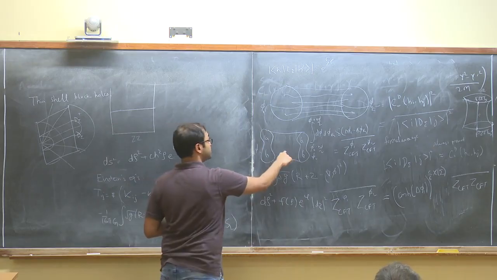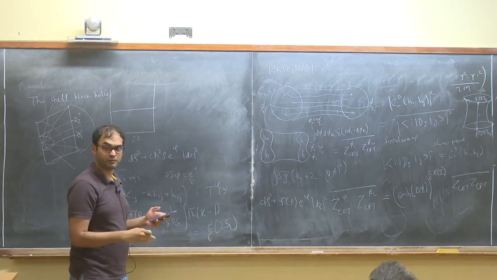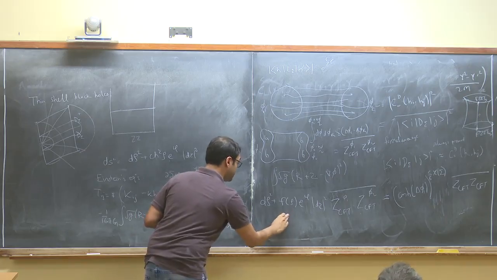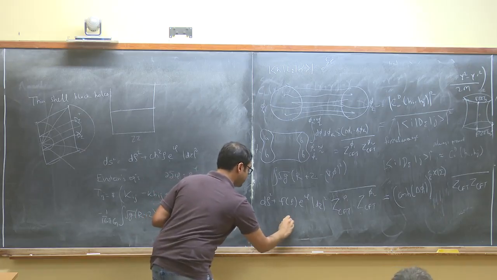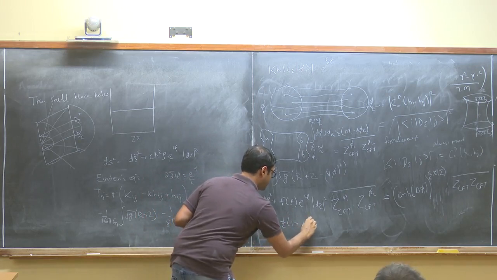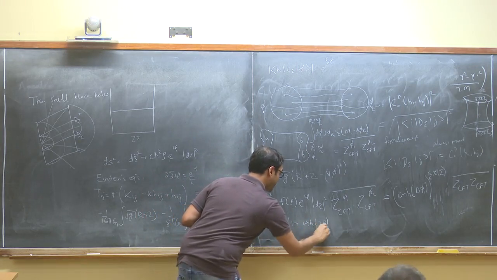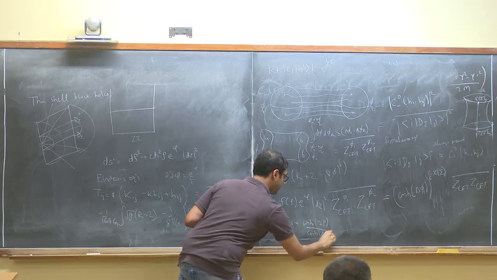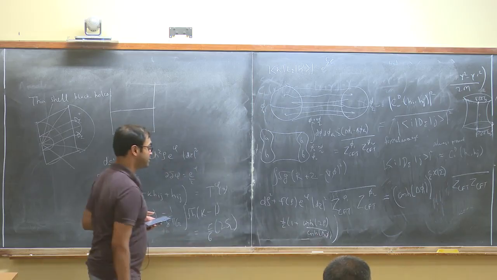Each of these slices is labeled by a different value of the scalar field. In fact, in this case, it takes a very simple form: 1 plus cos 2 rho divided by cos delta phi. It's as simple as this.